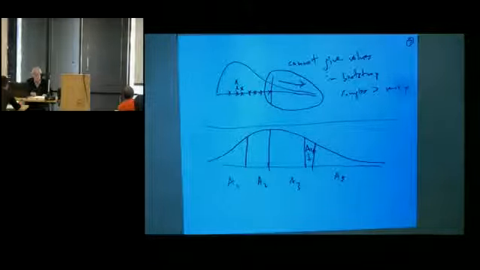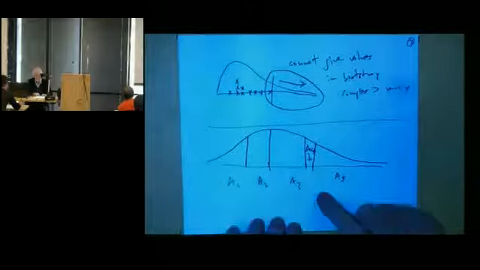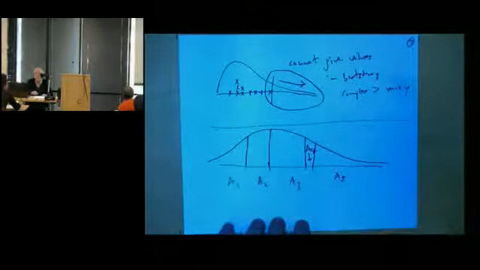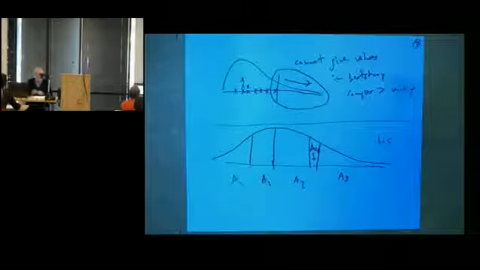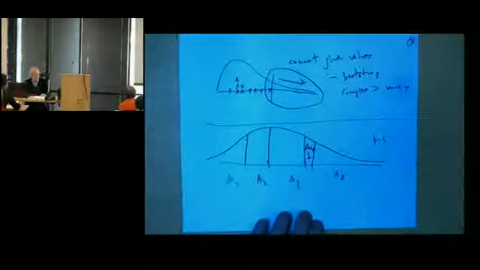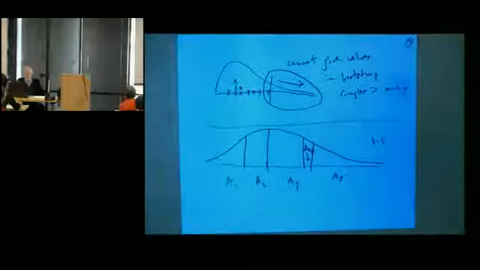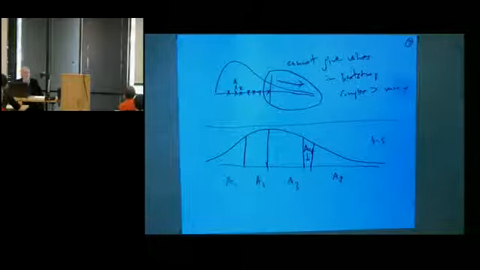Take the number line, and I've done a little illustration here where k is 5. So here we have k equals 5. Make a random partition of the number line into 5 intervals.